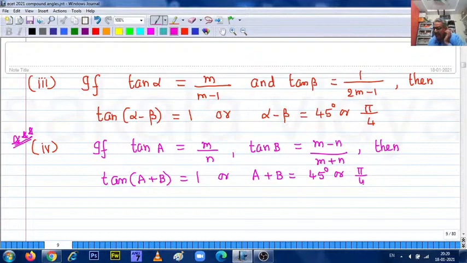So just remember one more technique also here. If n minus m is there instead of m minus n, then A minus B you will get.